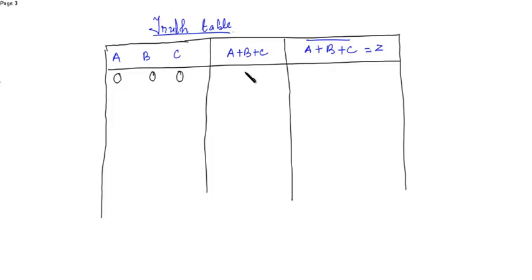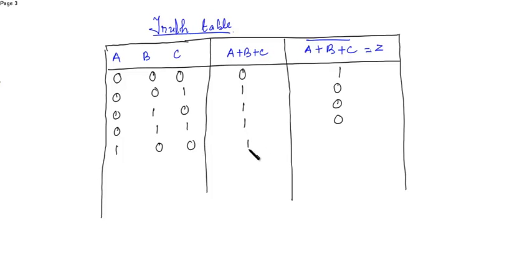When the 3 inputs are 0, the OR output is 0, and when we invert, the output will be 1. When it's 0, 0, 1, the OR output is 1, NOT output is 0. 0, 1, 0, OR output is 1, NOT is 0. 0, 1, 1, OR output 1, NOT 0.